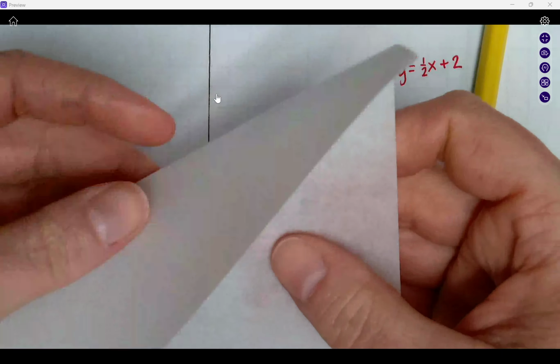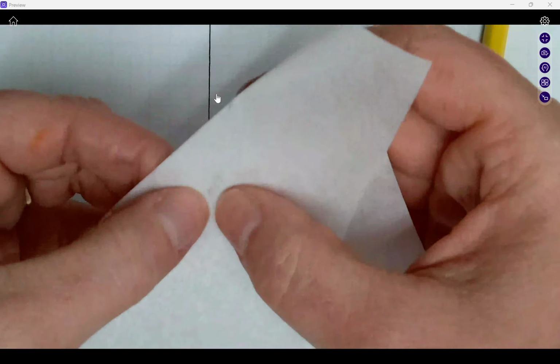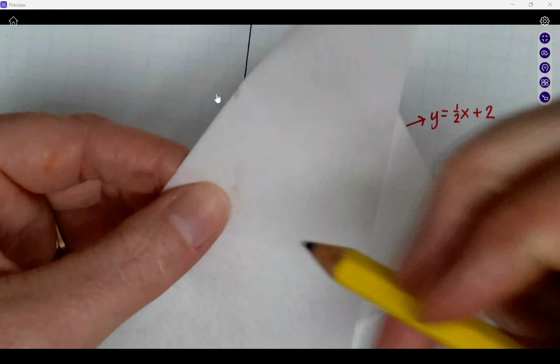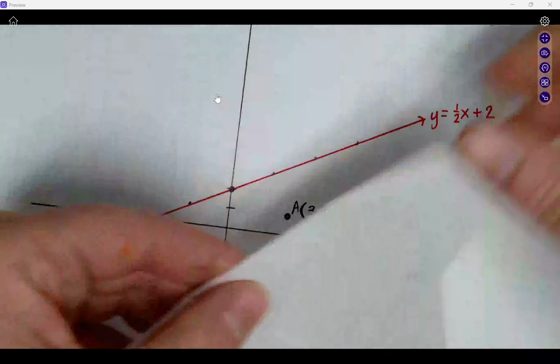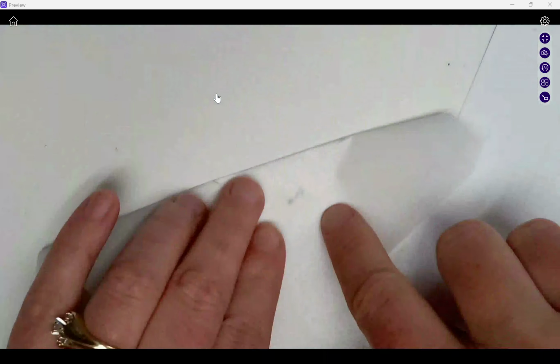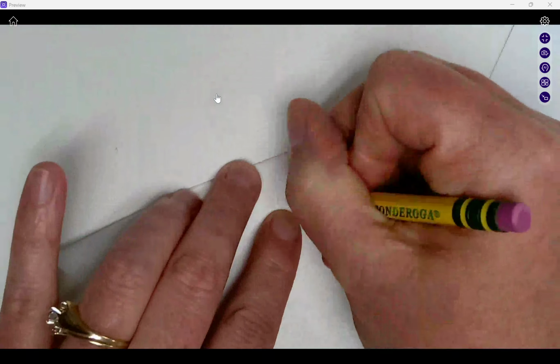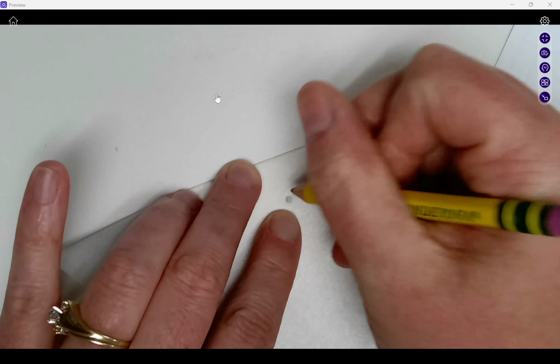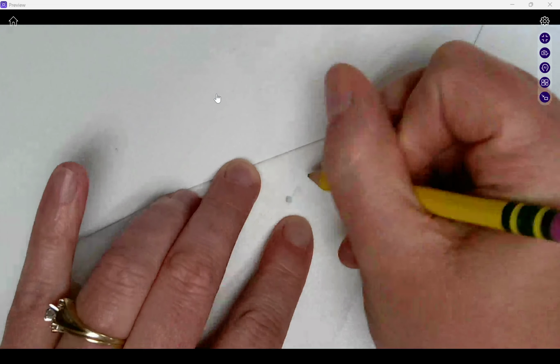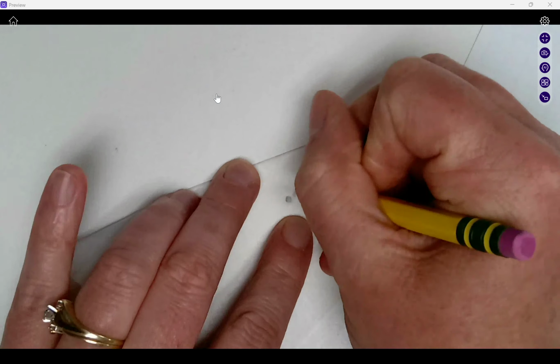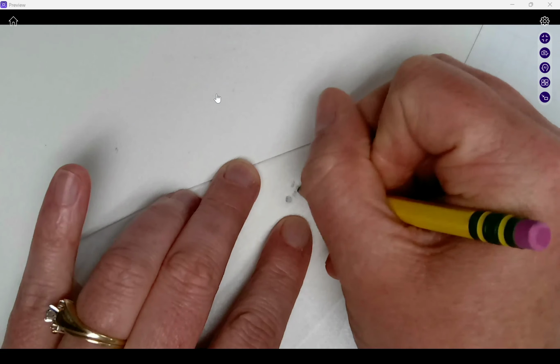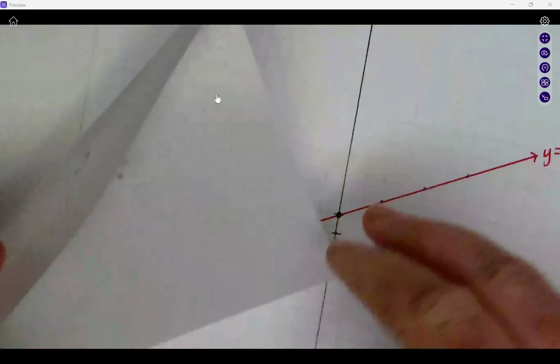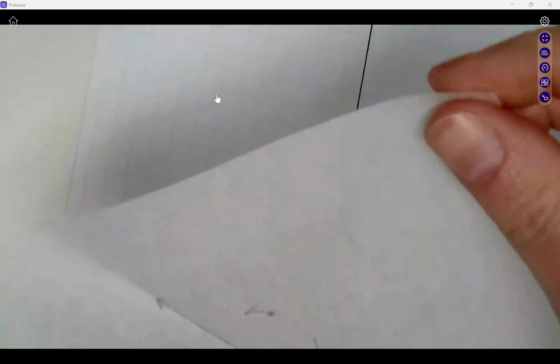So I'm going to now close this, and I can see here my point. So I know that this is where my A prime will be. I'm writing it kind of backwards and putting the prime in front because I know it kind of made it go upside down, didn't it?